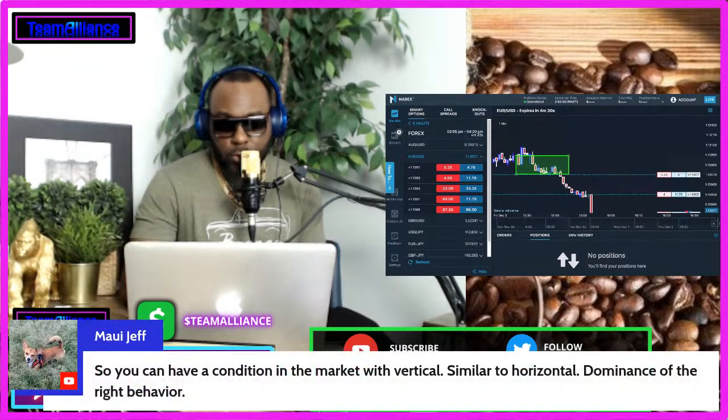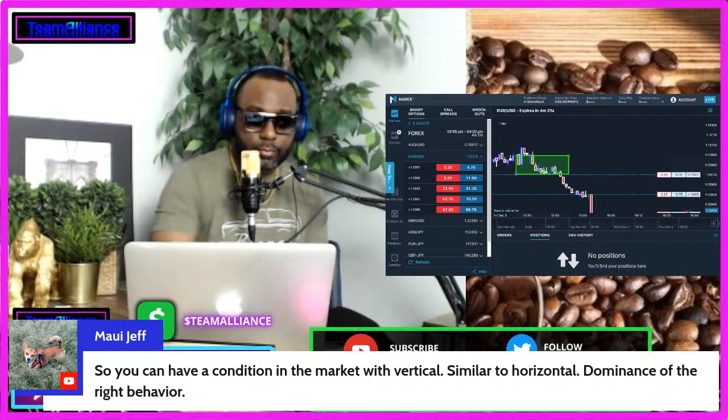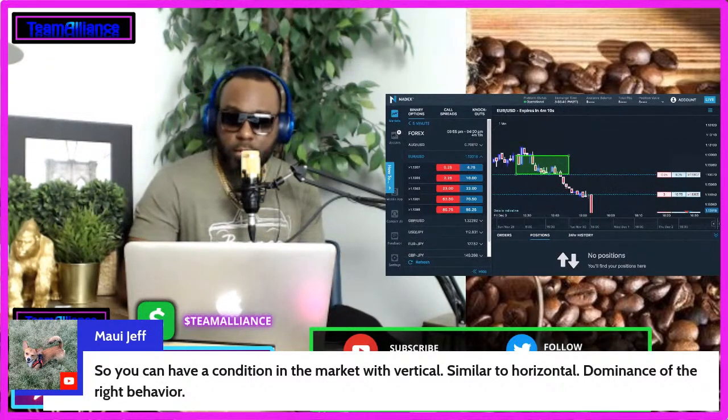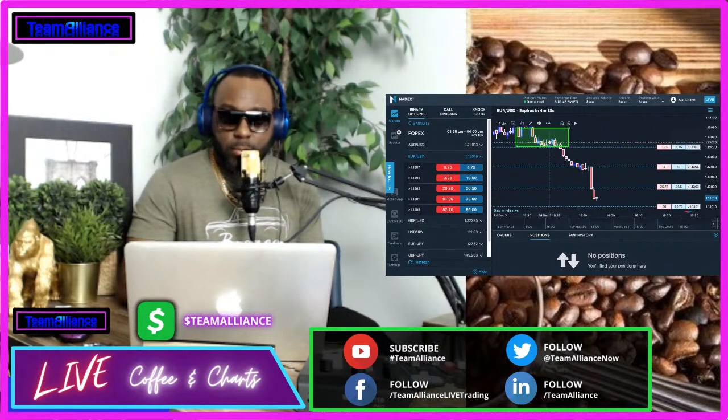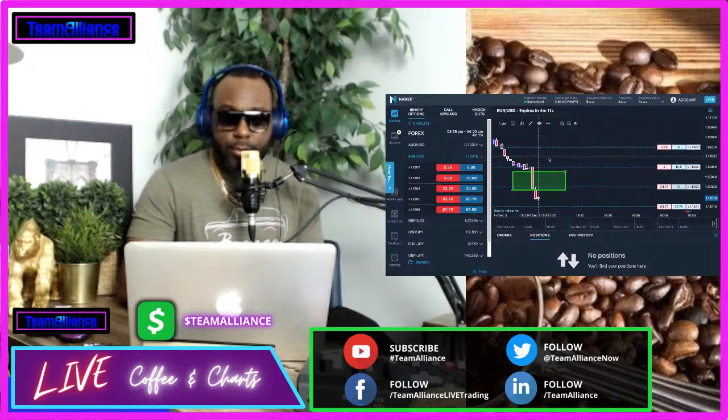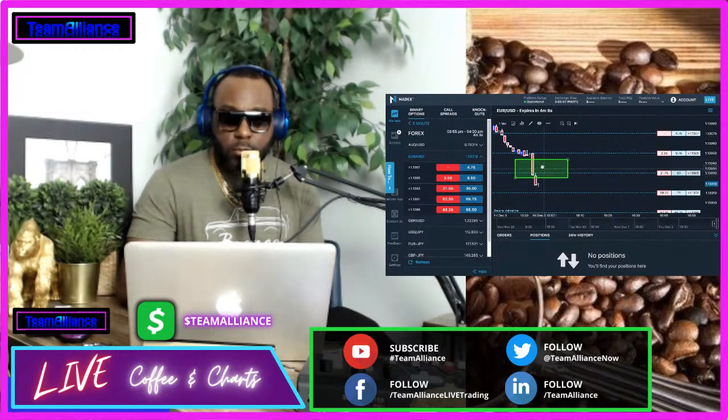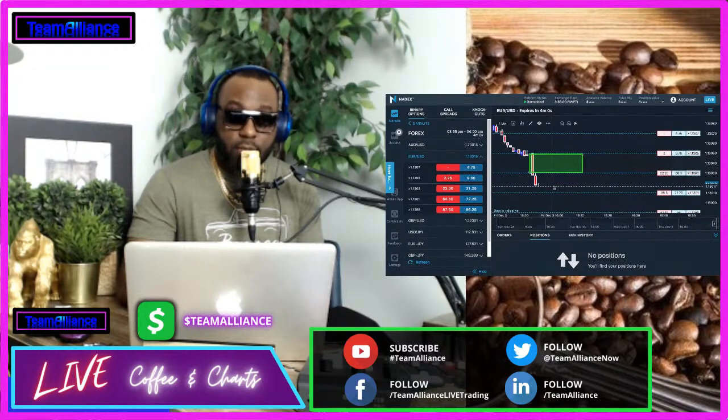All right, so you can have a condition in the market with vertical similar to horizontal dominance of the right behavior. Yes, this is the whole idea. This is why I say when you see momentum, it will be clear. You'll know when momentum is at a very high level in the market because you'll see the continuation of the larger candles.